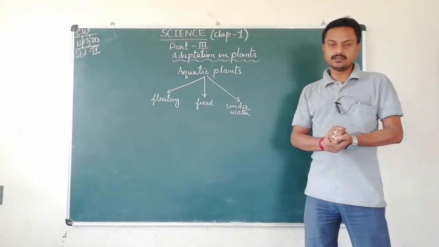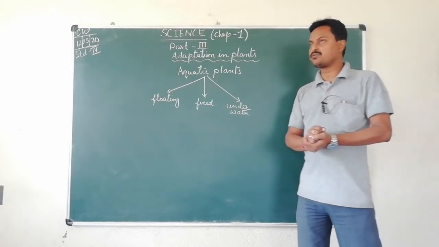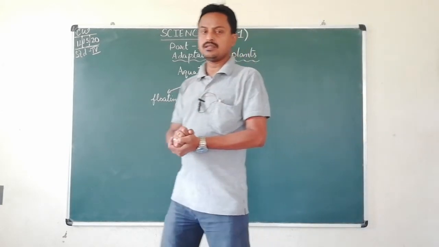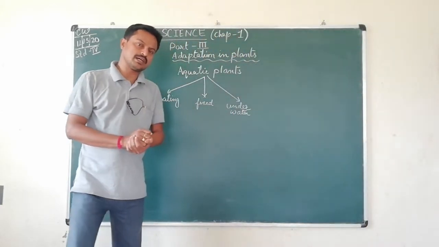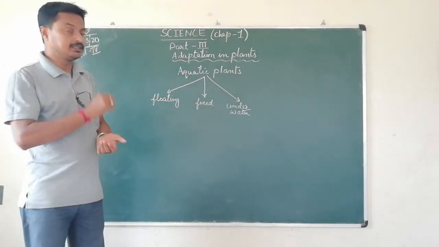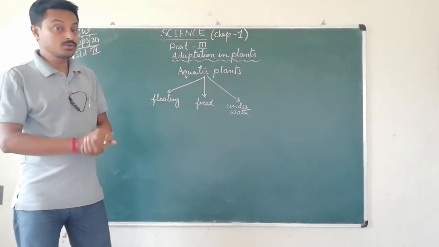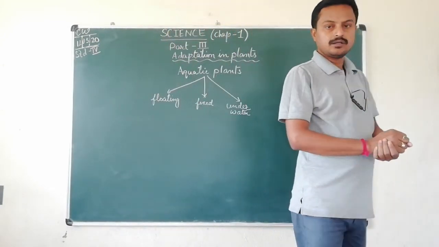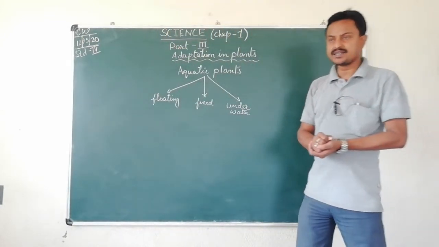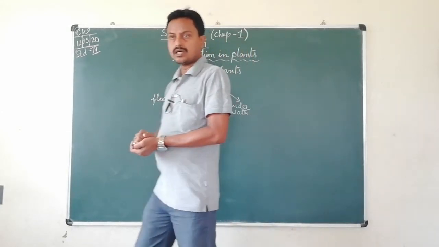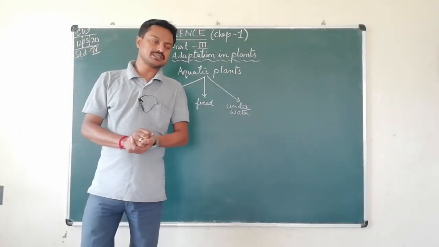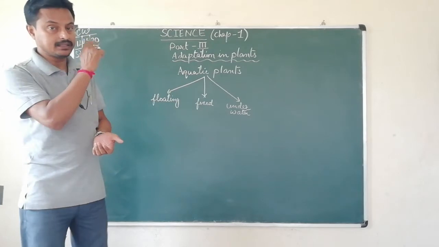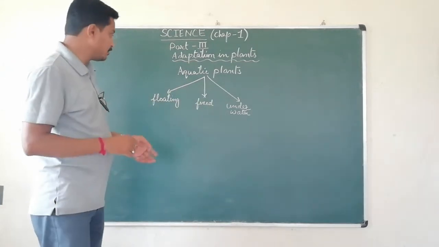Now, dear children, the adaptation that we find in aquatic plants is totally different from the adaptation that we have seen in the last two videos in terrestrial plants and in so many areas like desert areas and mountain regions. The plants that grow over there, the adaptation that we have seen in earlier videos, is totally different from this.